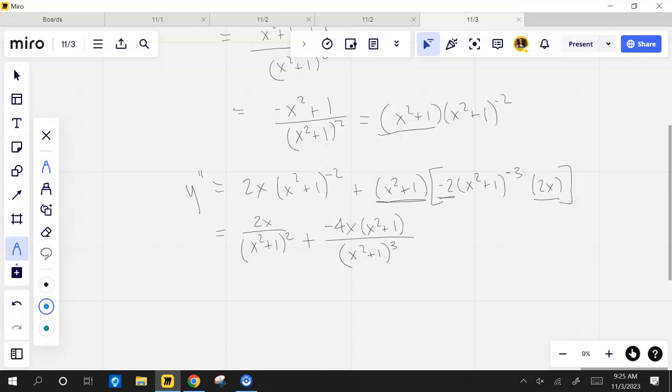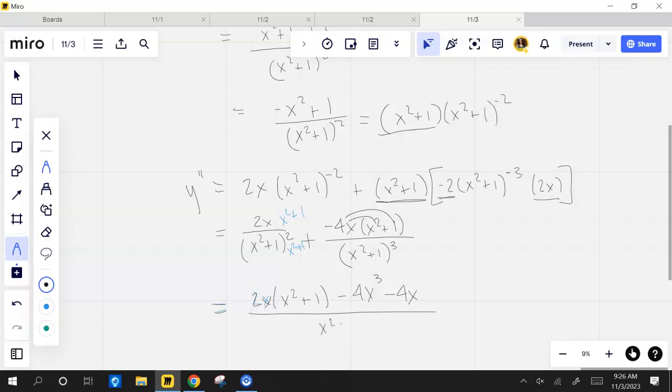For these to be common denominators, this needs another x squared plus 1. So this becomes 2x times x squared plus 1. This one stays the same. I'm going to go ahead and distribute this: minus 4x cubed minus 4x.